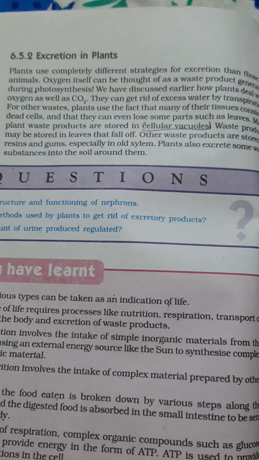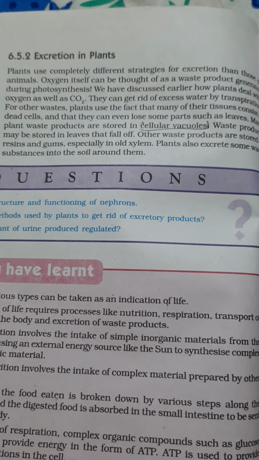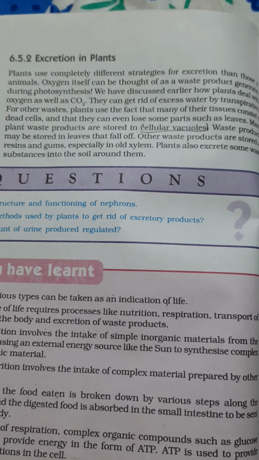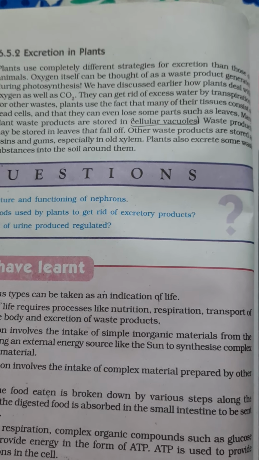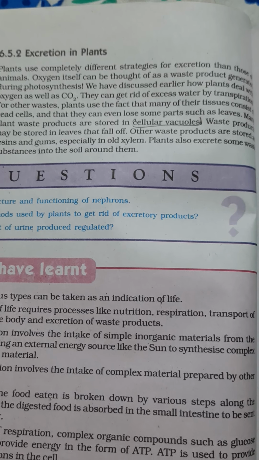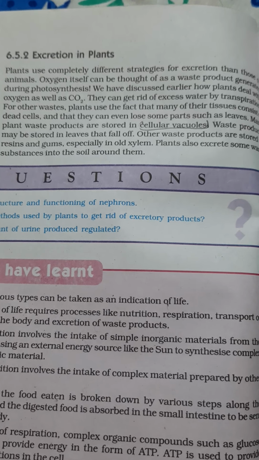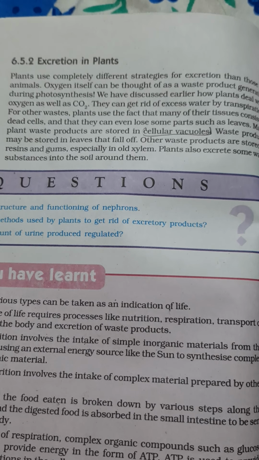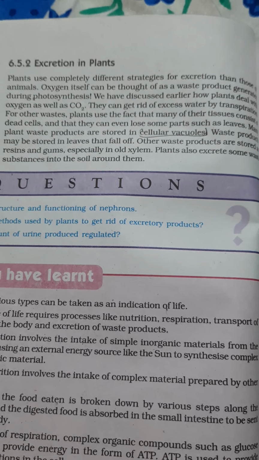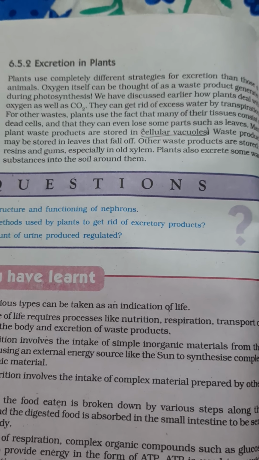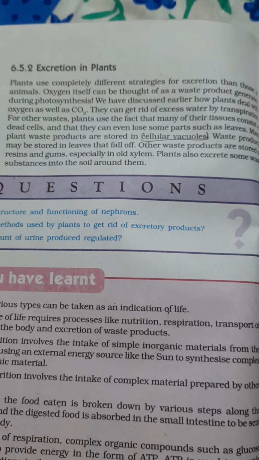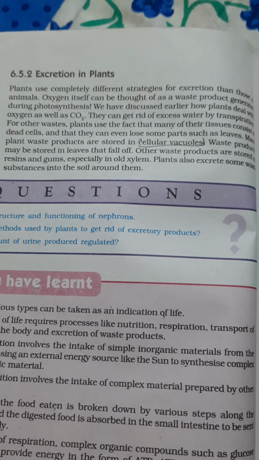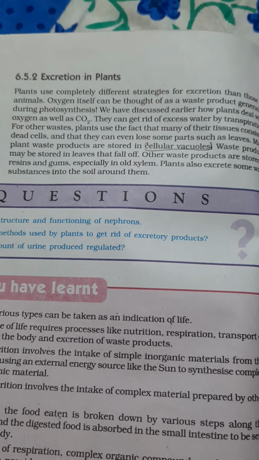And most of the dead cells and other waste products inside the cells are generated inside the vacuoles by the plants. And one more thing, interestingly, we have seen dried leaves falling off from the trees. All the waste products are stored in those leaves that are to fall off.